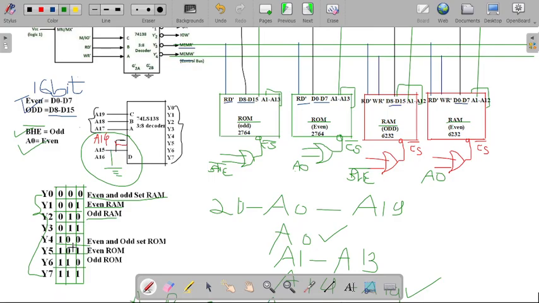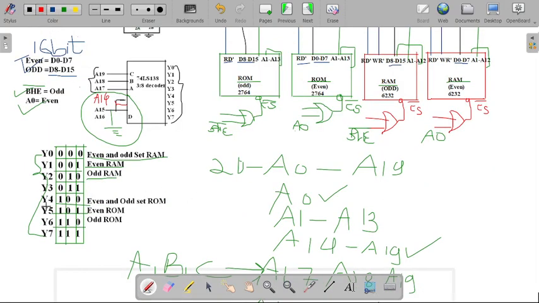And now, in case of the ROM structure, we are using this Y4, that is 100, for our even and odd set of ROM. And for the Y5, we are using it for even ROM. And for the Y6, I am using it for odd ROM. So even and odd sets are there in our truth table, and out of that we have to select the lines. So for the ROM structure, Y4, Y5 and Y6 inputs are available.